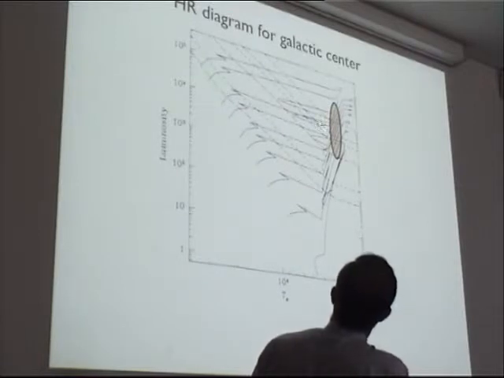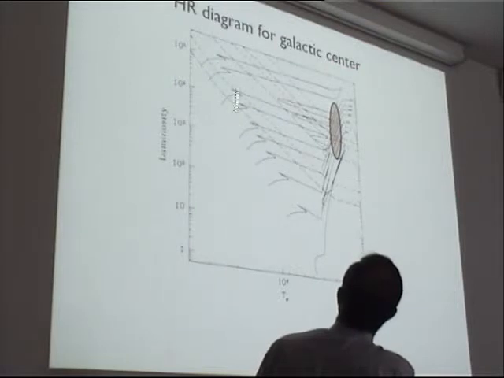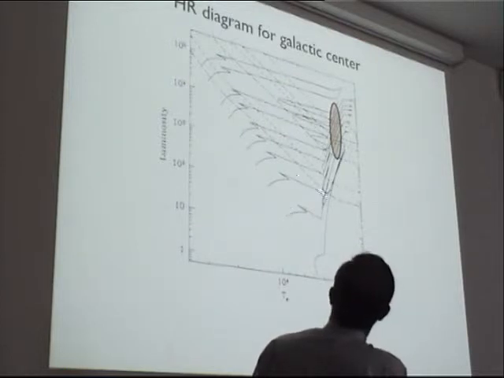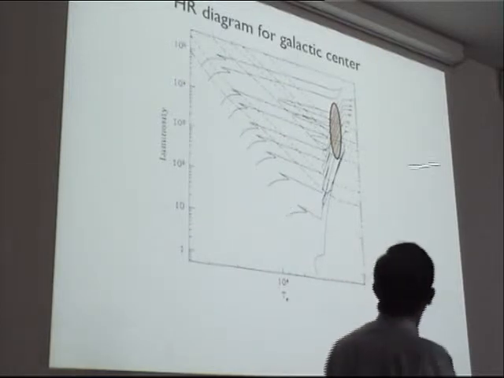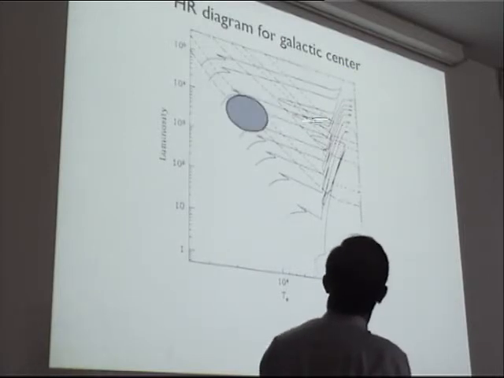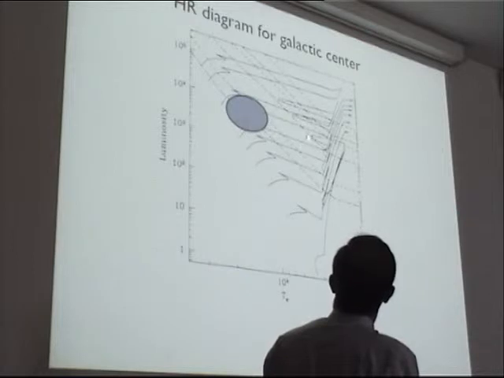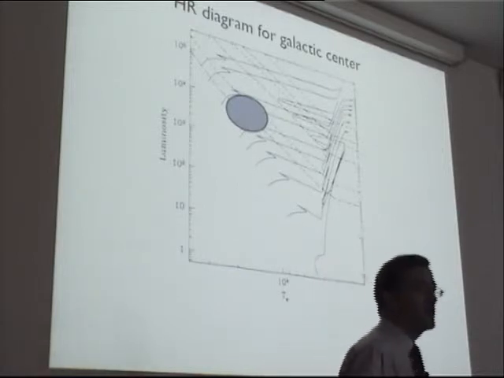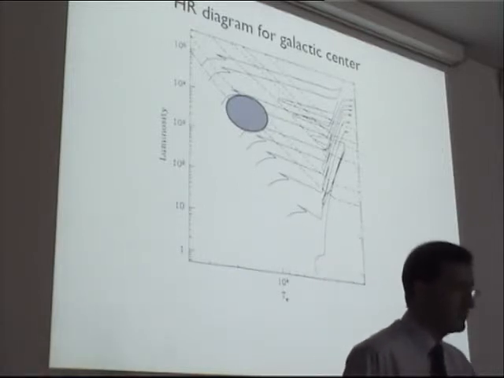So I can see red giants easily, and I can see very massive main sequence stars over here, but not the sun or 2 solar mass main sequence stars, because they're below this line. Okay? So the idea is I take these red giants here, I shred them, and I move them here. Okay? So roughly keeping the same luminosity, but you're losing all the envelope and you're making them look very blue.